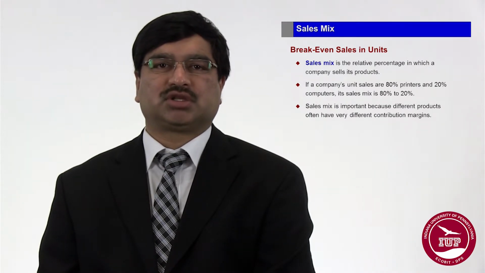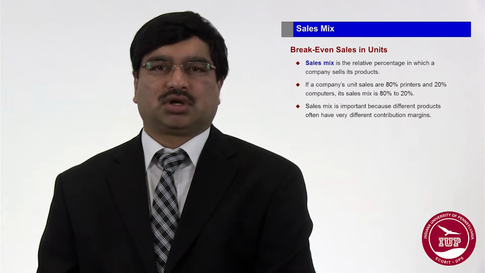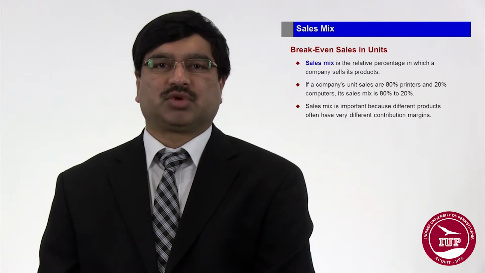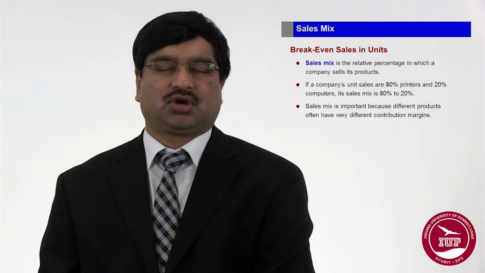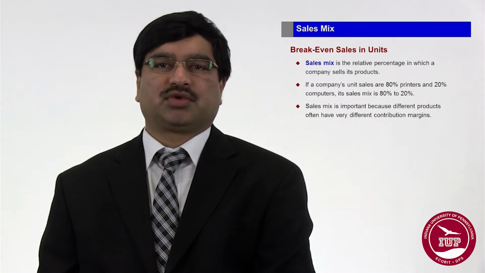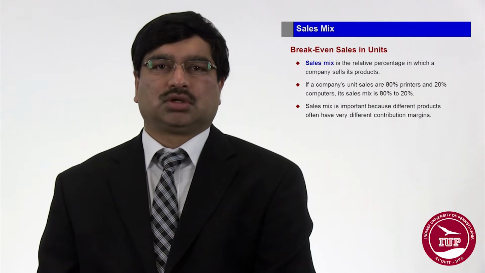If a company sells a mix of printers and computers, where printers consist of 80% of the total sales volume, and computers consist of 20% of the total sales volume, then the sales mix is considered as 80% to 20%, or 80:20. Because different products have different contribution margins, the sales mix is an important consideration.